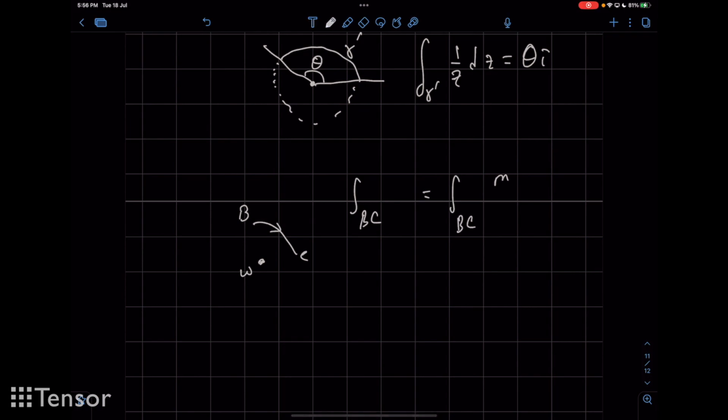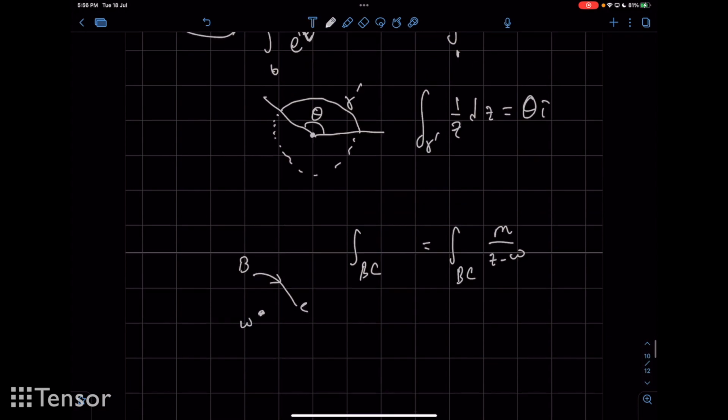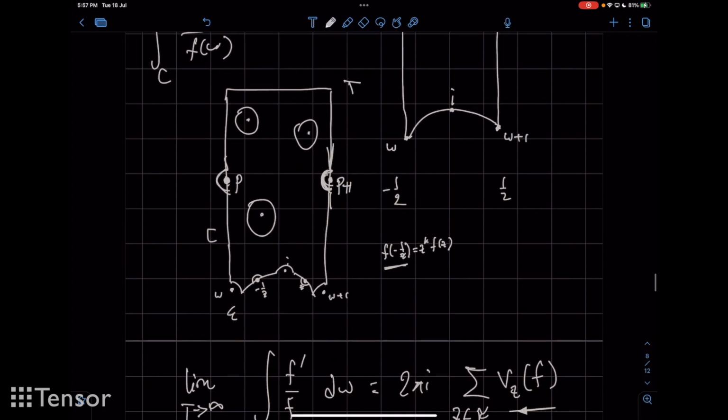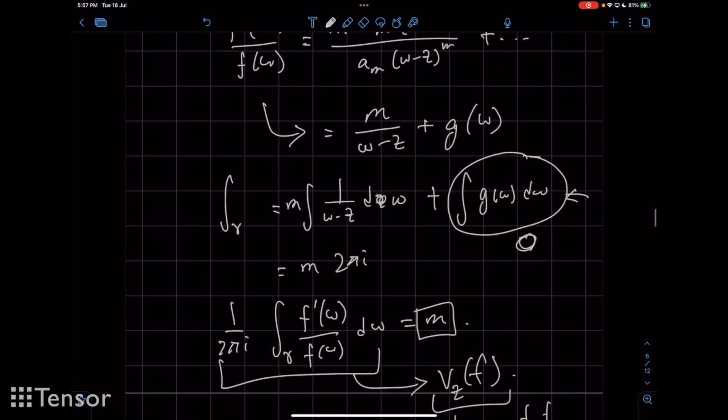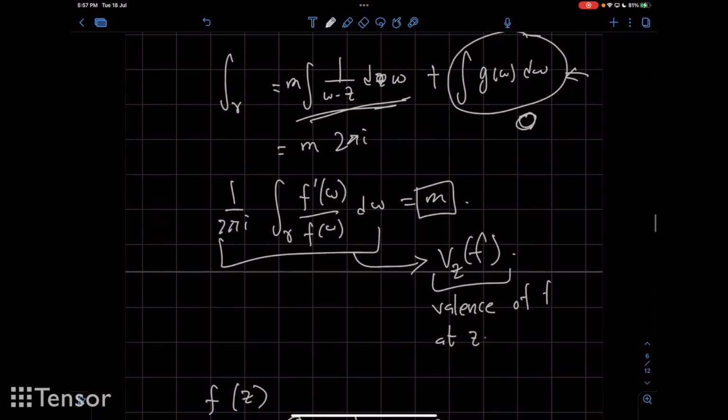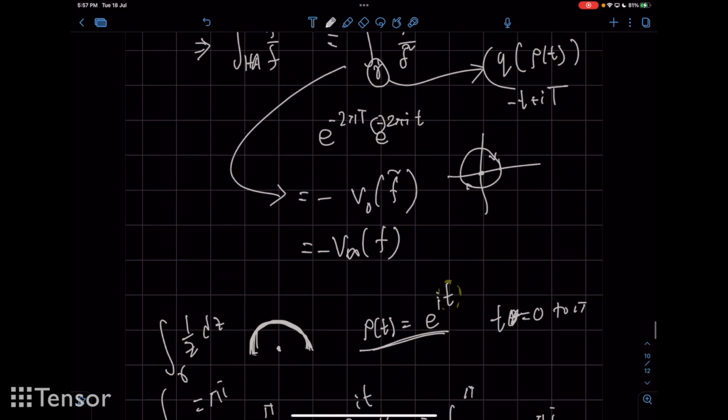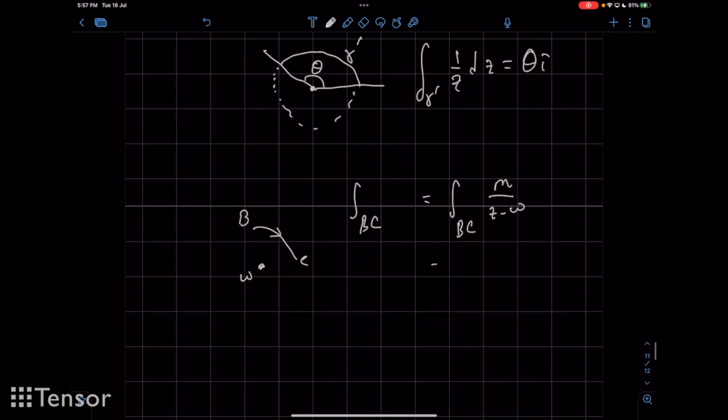It essentially boils down to m over z minus omega, because we have seen that here. So instead of integrating over the whole circle, if we integrate over some part of it, then it should be m times the angle. Now, what is the angle it makes? Of course, we have to keep in mind that we are working in the limit as epsilon goes to 0.